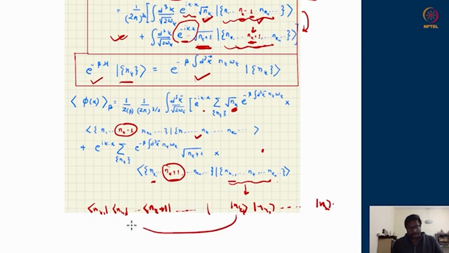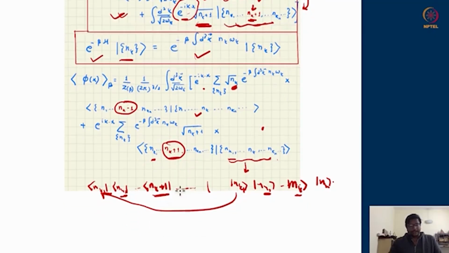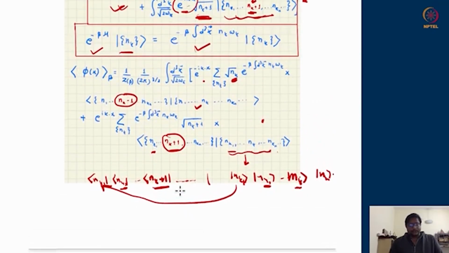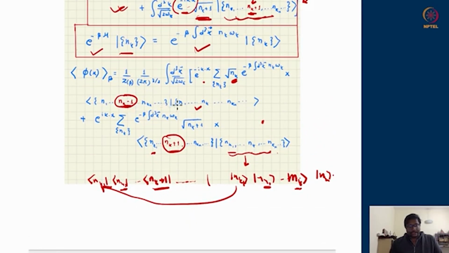So this nk1 will undergo contraction with nk1, this nk2 will undergo contraction with nk2, everything will go along. The only thing is nk here, which is appearing as nk particle, and from the left hand side nk plus 1 particle, that overlap will happen. And similarly for the first term, nk minus 1 and nk overlap will happen. For one particular mode an inner product like this will appear, all other modes will have the same ket and bra.